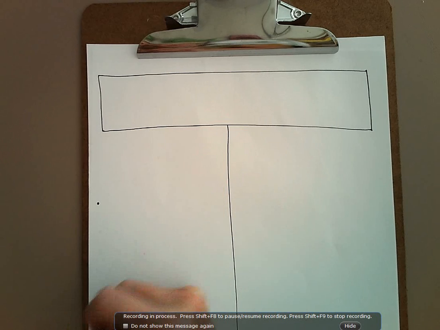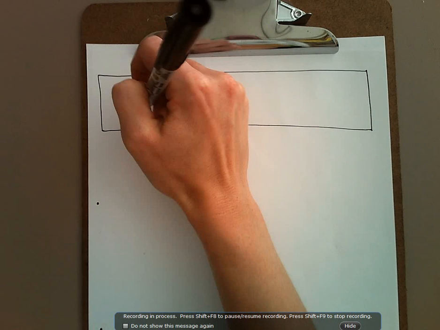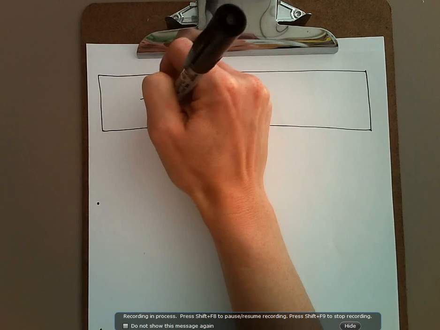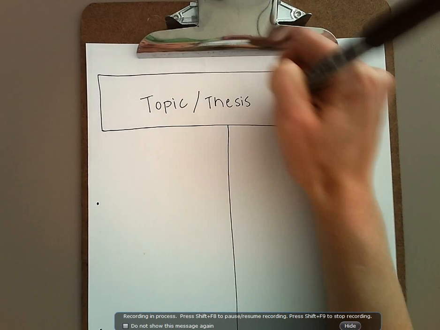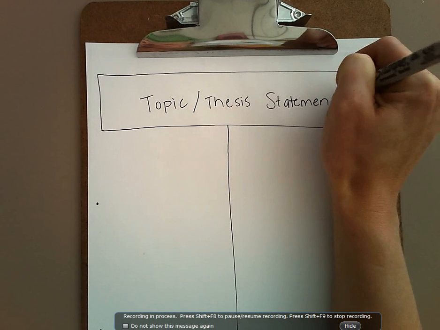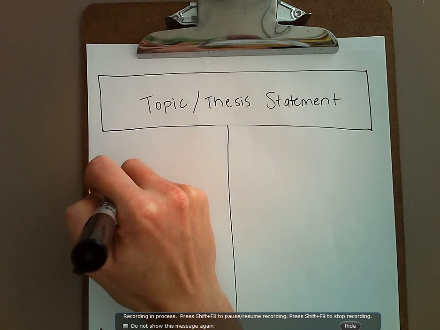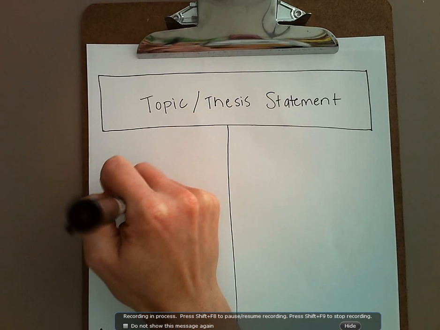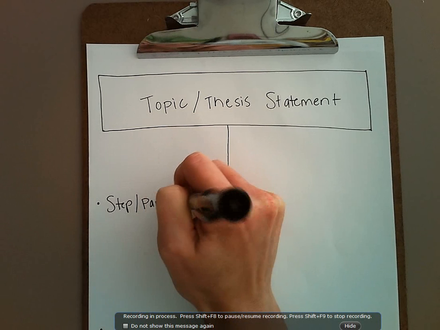Okay? So I'm going to start here with my topic or thesis statement. And then here I'm going to have my first step or part or reason. Okay? And my next step or part or reason.